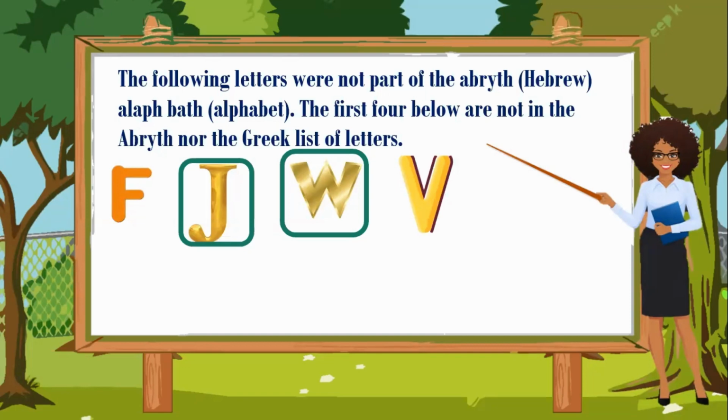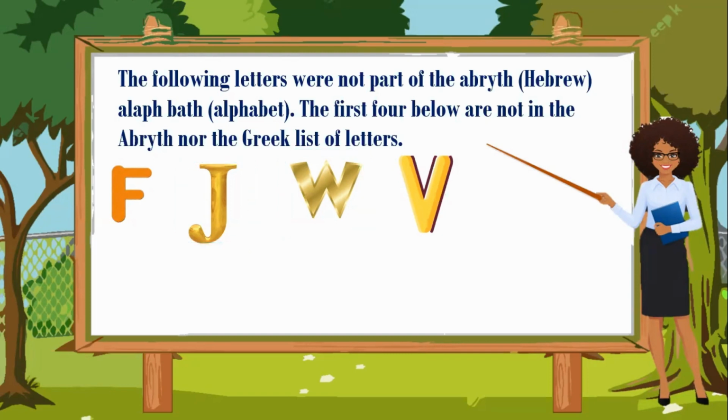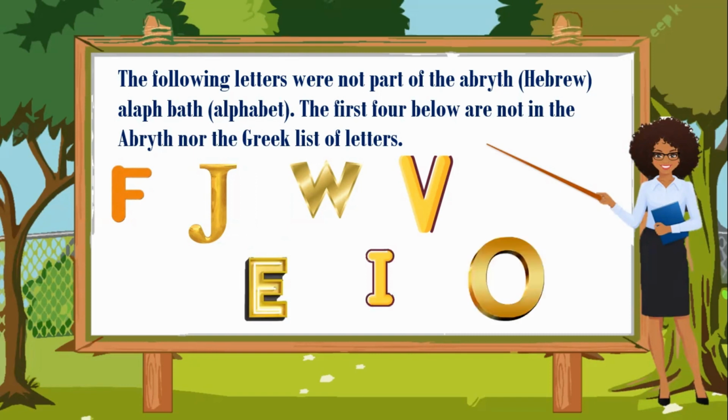In fact, these letters did not appear until the English group of letters. The next 3 letters were not in the Hebrew group of letters, nor were they represented. E, I, and O. These were later represented in the Aramaic versions of the AlaphBat.